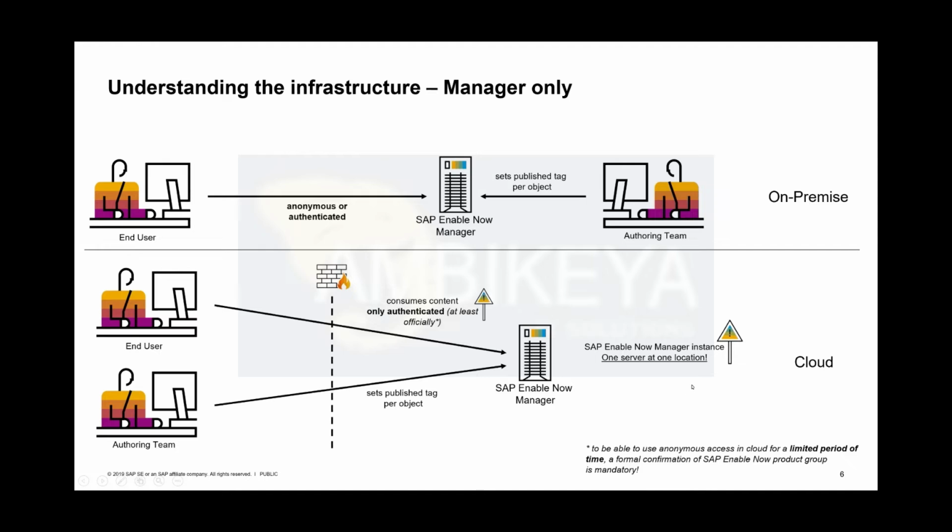So what we are not doing with Enable Now as a solution, at least right now, is any load balancing or geo balancing throughout all data centers over the world. The customer decides where on the planet his Enable Now Manager instance is supposed to be hosted. For Europe, it would be one of the German data centers, or in the Netherlands, or wherever. And then you would probably be fully okay from a performance perspective for any employee working in Europe.